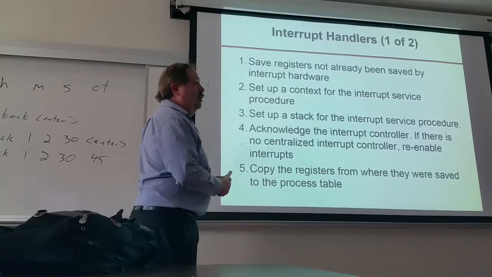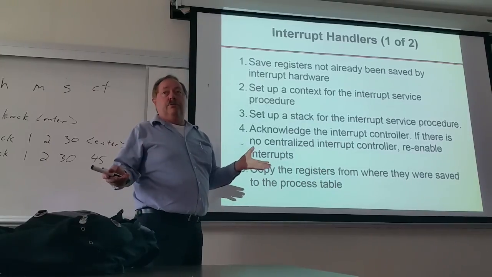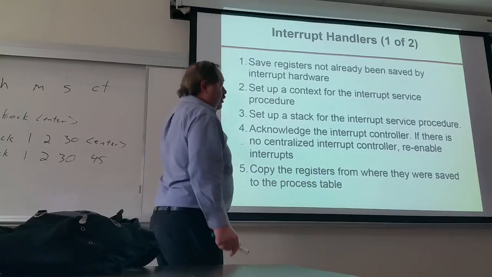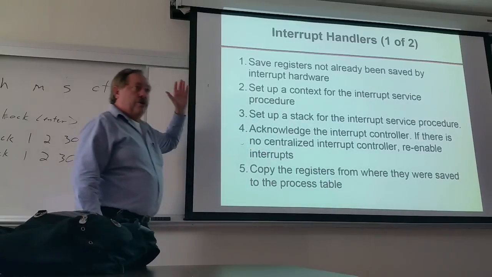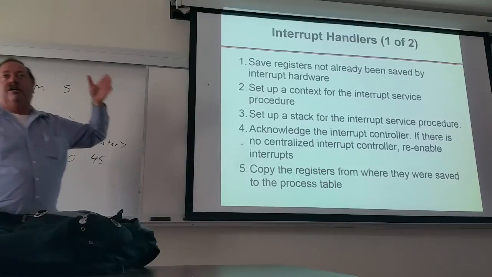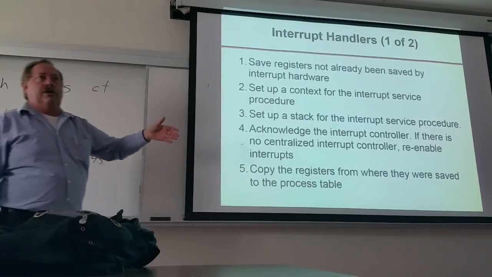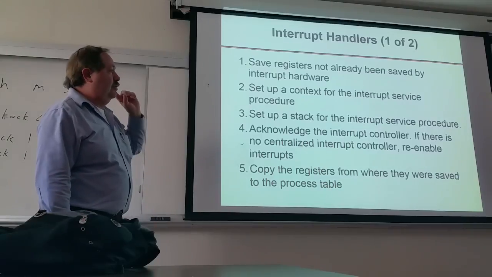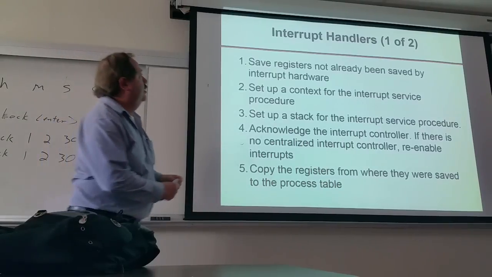When it raises an interrupt, a process is currently running. There's always a process running, right? But your countdown timer went off, or your time of day clock went off, or your alarm clock went off, and you got this event that you want to process, so the system raised an interrupt.